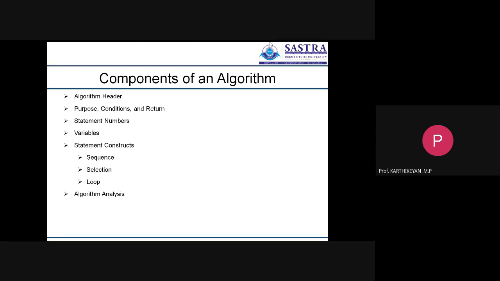And finally, algorithm analysis. We are not going to discuss in detail about algorithm analysis, but you should know what is the purpose of this algorithm analysis. As I already told you, there will be more than one solution to a problem. For each solution we can write separate algorithms. Among all the algorithms, which is efficient?